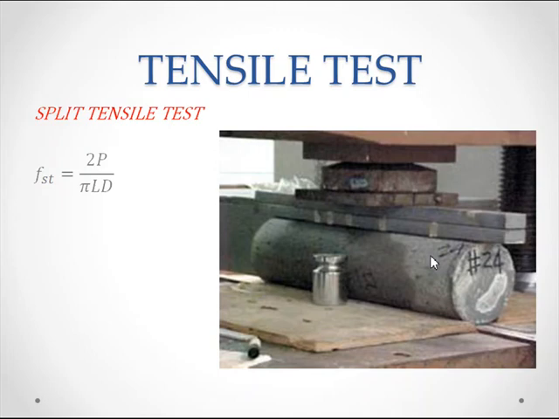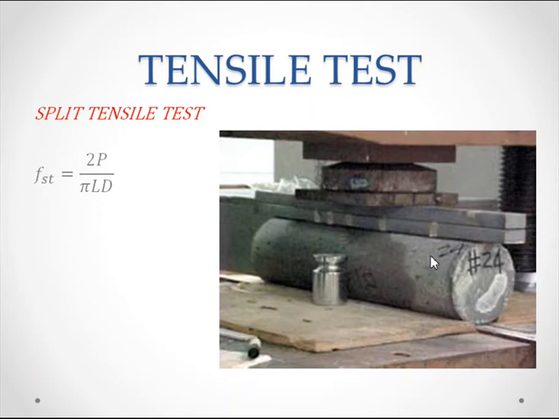The cylinder specimen dimension is diameter 150 mm and its length is 300 mm. This can be tested using compression testing machine or universal testing machine.